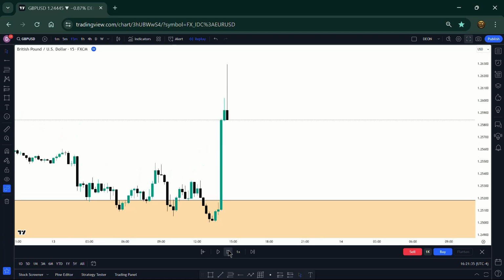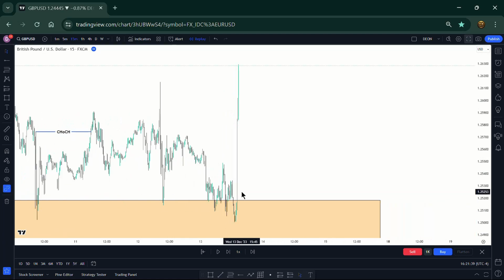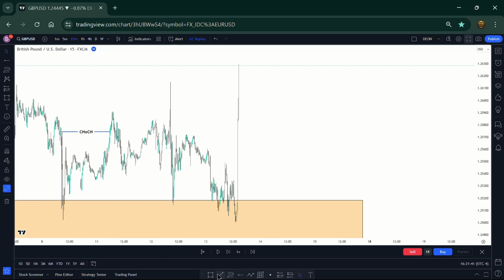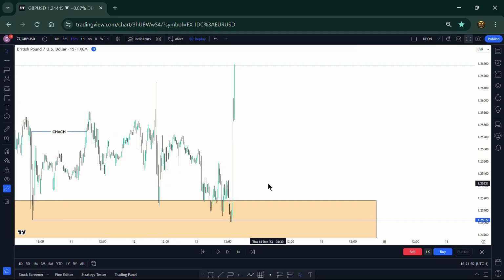It would have been nice. I think it was taken out right here. The market makes a lot of these movements a lot of the time. So these are some of the trades that you are going to miss.